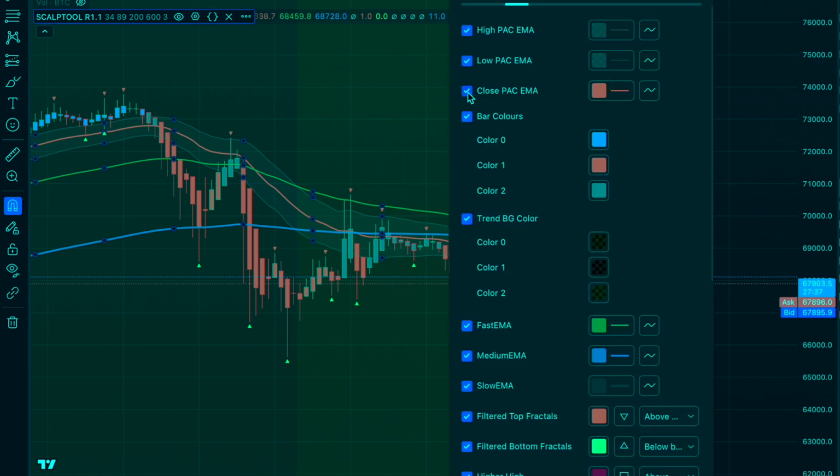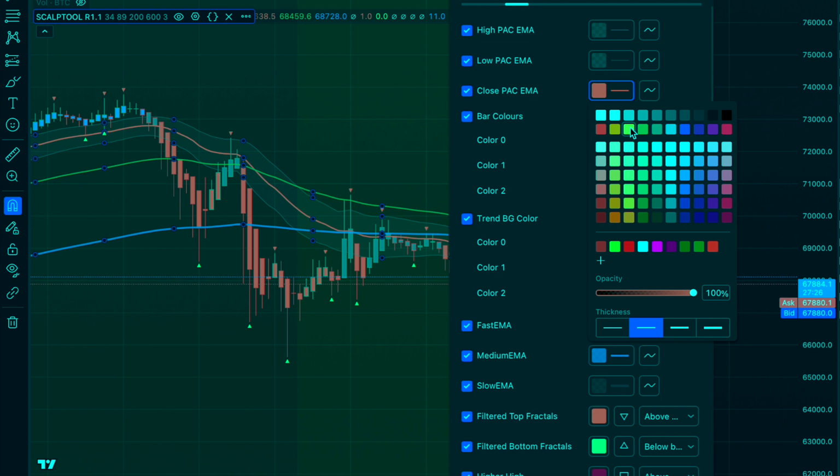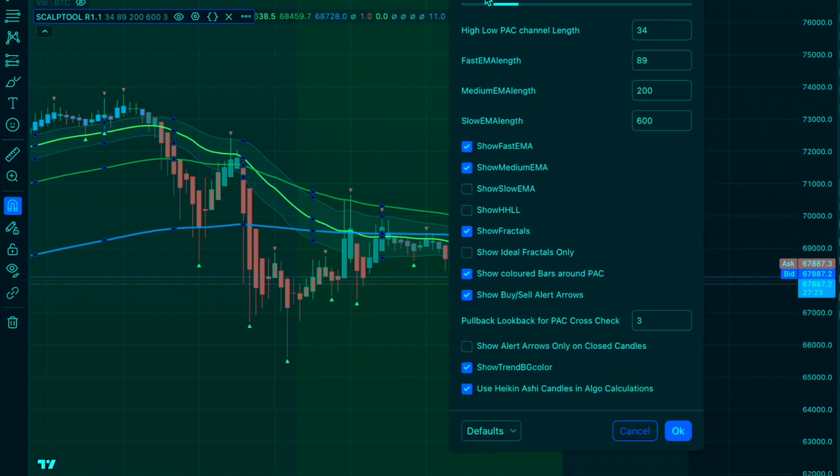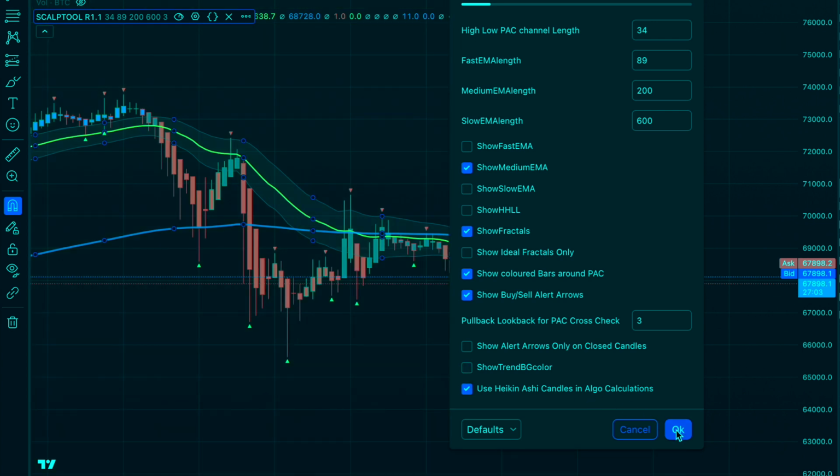First of all, this is a 34 EMA that's going to be used for a lot of the decisions we make. They have it in red; I personally would change this to yellow. It also has the fast EMA set to 8 to 9, but for the purposes of this video we're not going to use the fast EMA. We're also not going to use the trend colour at the back, so we turn it off here. Oh, sorry, we don't want to see the fractals either.